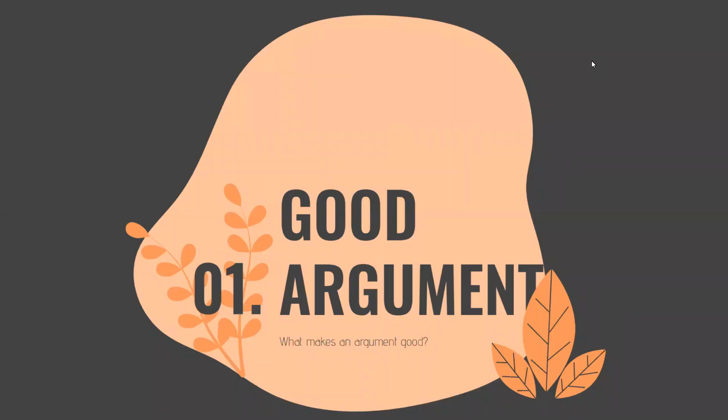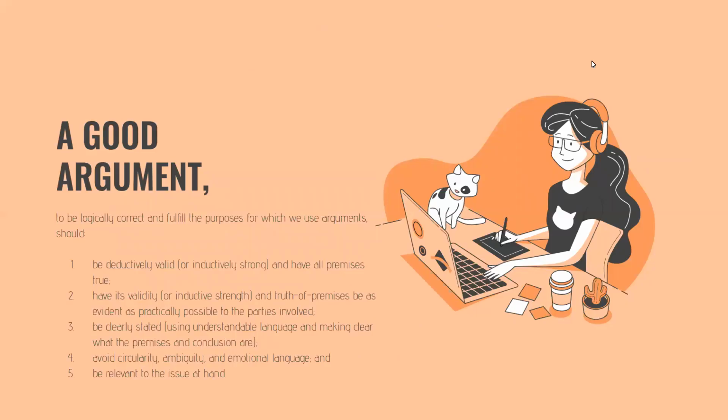So, a good argument. A good argument, to be logically correct and fulfill the purposes for which we use arguments, should 1. Be deductively valid or inductively strong and have all premises true. 2. Have its validity or inductive strength and truth of premises be as evident as practically possible to the parties involved. 3.